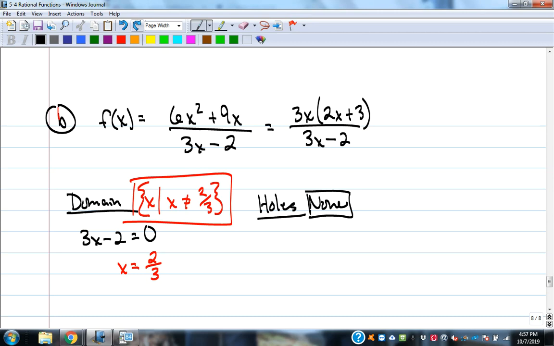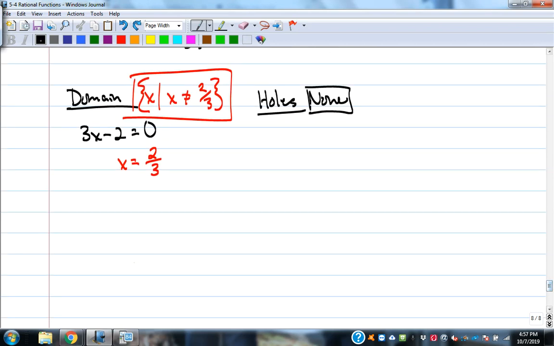Okay. The next thing to do is decide about horizontal and oblique asymptotes. Well, hold on. Let's go ahead and find a vertical asymptote so I don't forget that, because I'm bad about forgetting that. Vertical asymptotes. Since nothing canceled out, our vertical asymptote is exactly the same thing as we found for our domain. X equals positive 2/3.